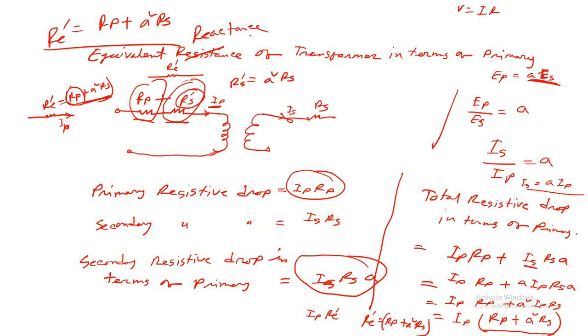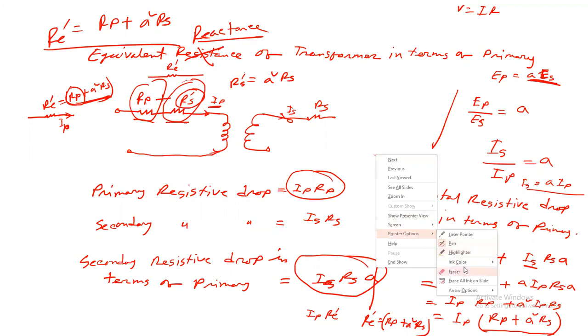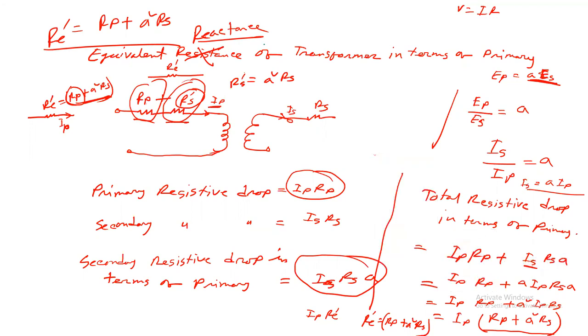Now our third topic is equivalent reactance. So all the resistances change. Now the resistance is cancelled. This is the reactance. So our circuit changes.